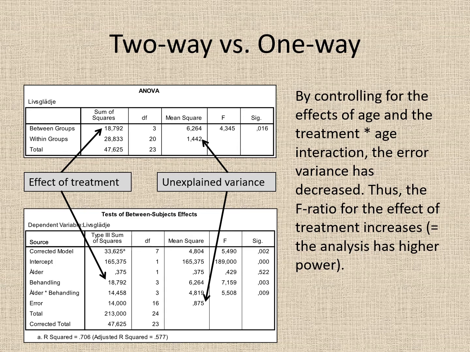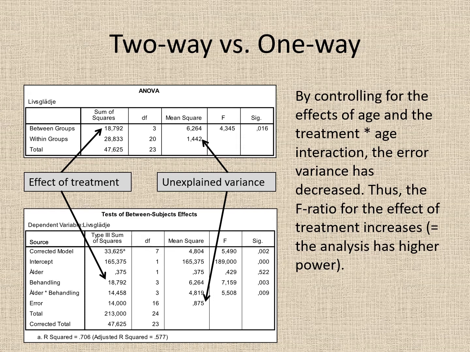The F ratio, 4.3, the F ratio, 7.2. Might not seem a very large increase, but still. And therefore, because the F ratio increases here, we have a lower p-value here than there. We have a more significant effect of treatment here compared with there, although the difference between the treatment group means is exactly the same.